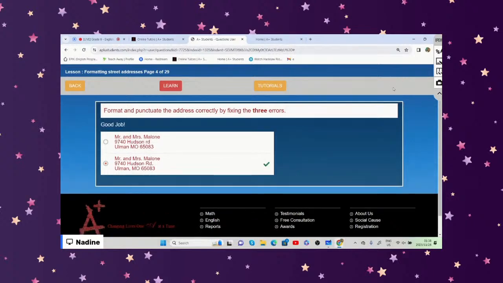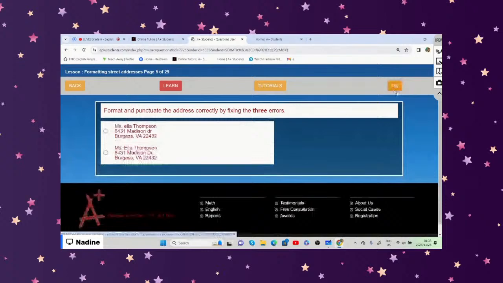And the second one is correct. Yes, well done. Remember, punctuation needs to be in its place, right? If it needs to be a capital letter, it needs to be a capital letter. If it needs to be lowercase, it needs to be lowercase.